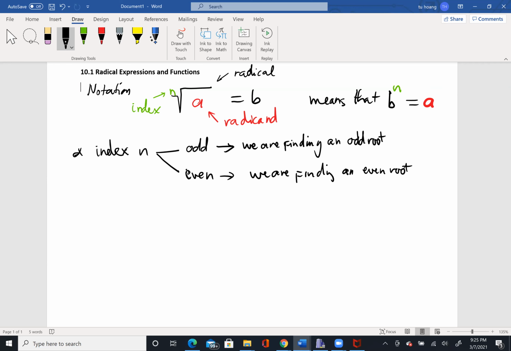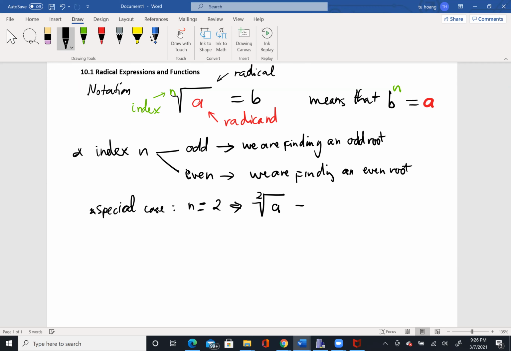So let's have a special case. Case where n equal to 2. We will have the radical of A with the index 2.